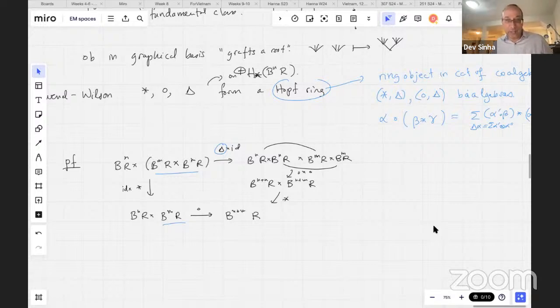And we teach that in basic proof courses. I did that this term. So that's actually what comes down to showing that this is a Hopf ring. But the calculations require knowledge of coproducts, and that's maybe trickier than you might think.